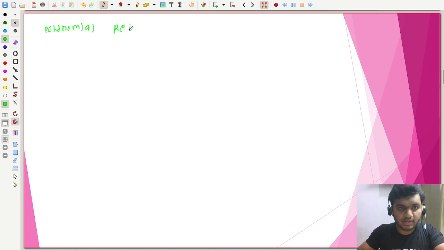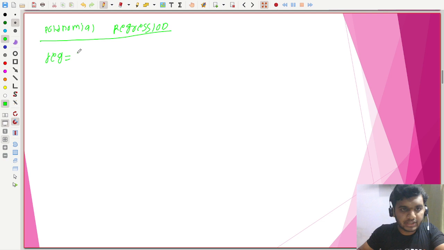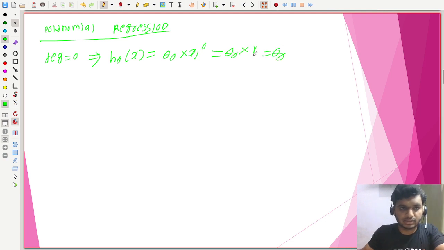When degree equals 0, the equation is theta 0 into x1 to the power 0, that is theta 0 into 1, that is theta 0. When degree equals 1, that is h theta of x, that is theta 0 into x1 to the power 0.